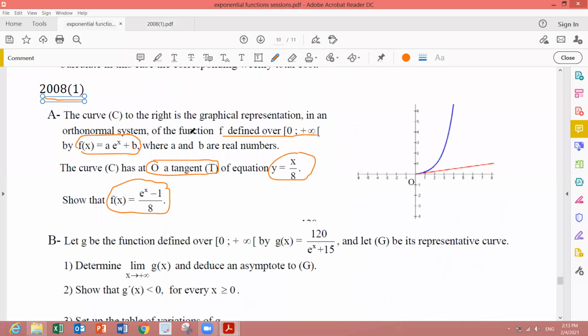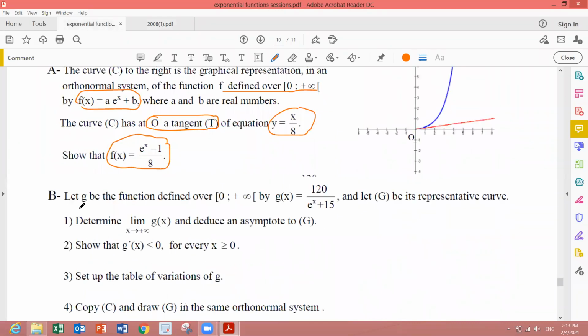Part B. Let g be the function defined over 0 plus infinity by g of x equal 120 over (e to the x plus 15), and let G be its representative curve.